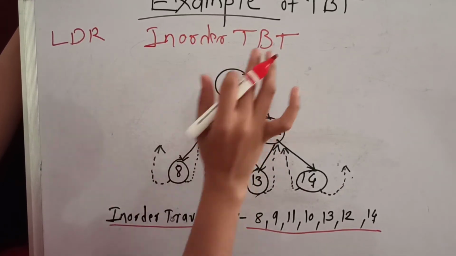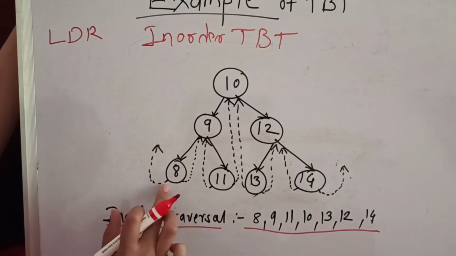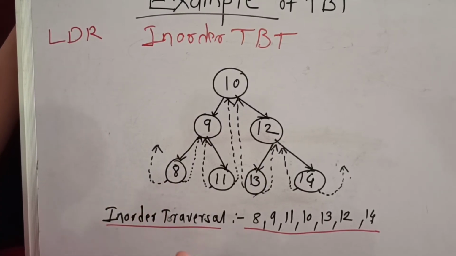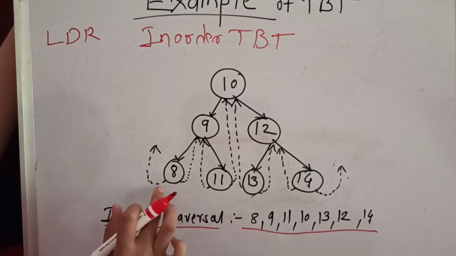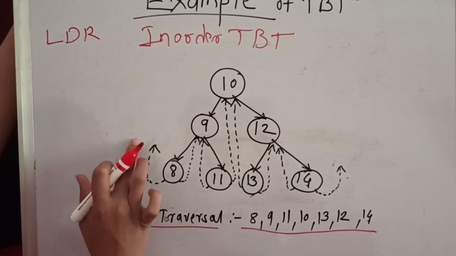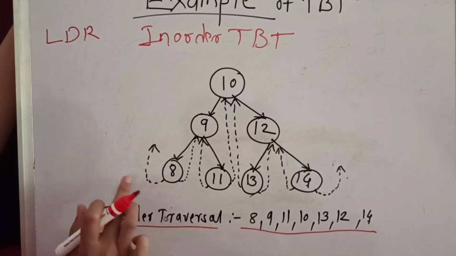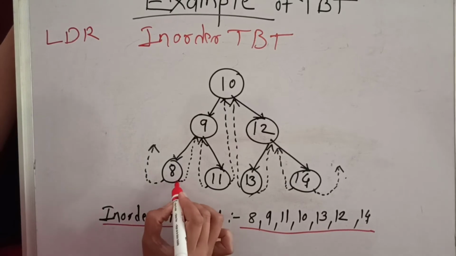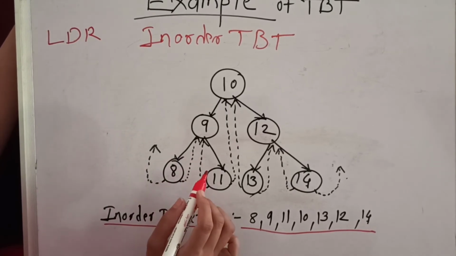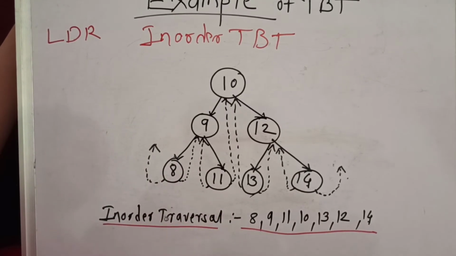What is the in order TBT? Wherever the left links are null, we set them to the in order predecessor element, and wherever the right links are null, we set them to the in order successor element.